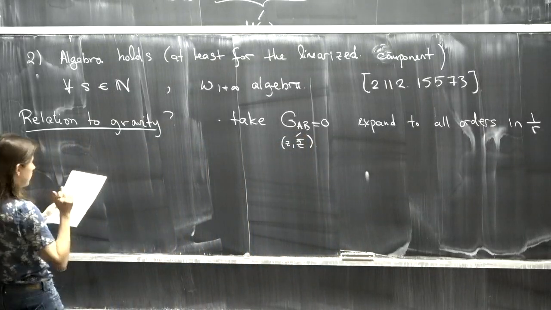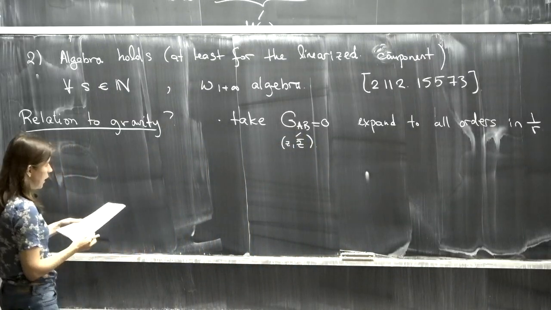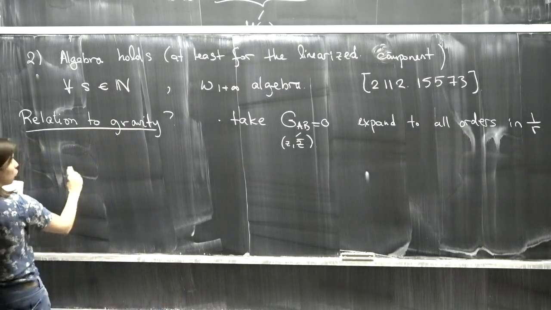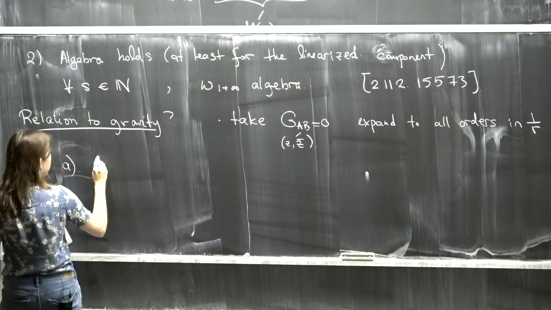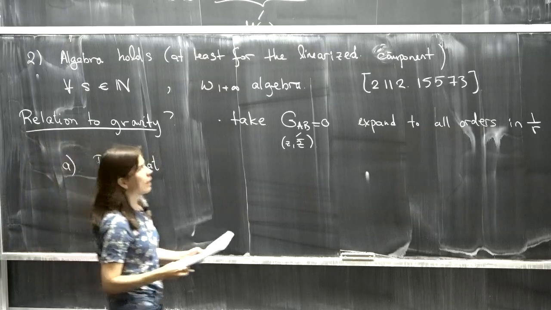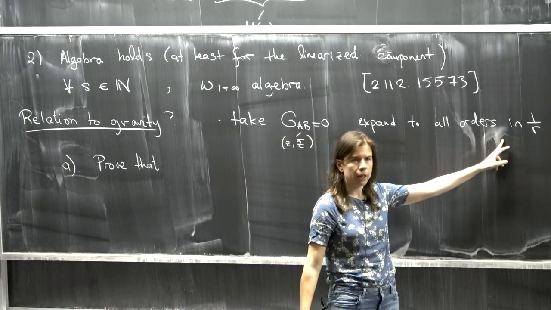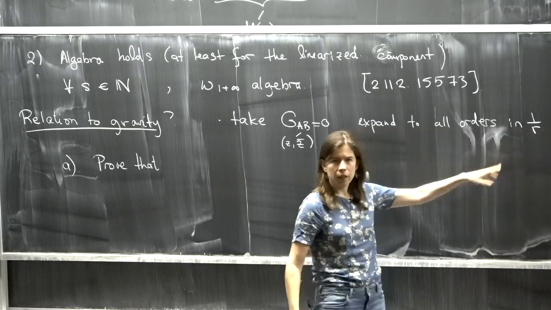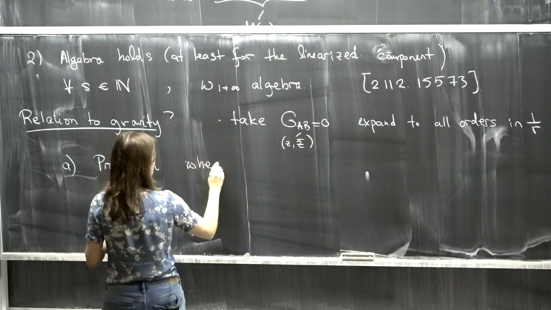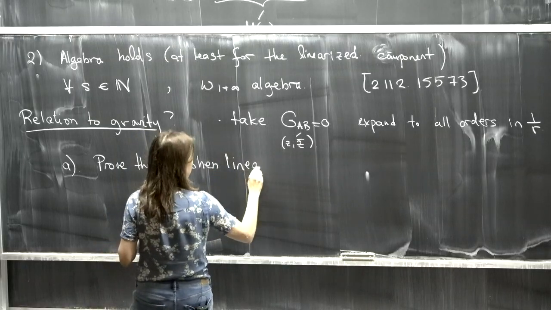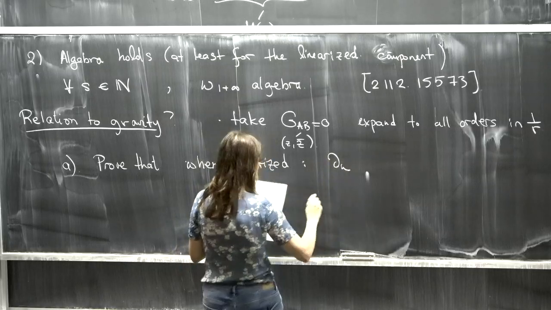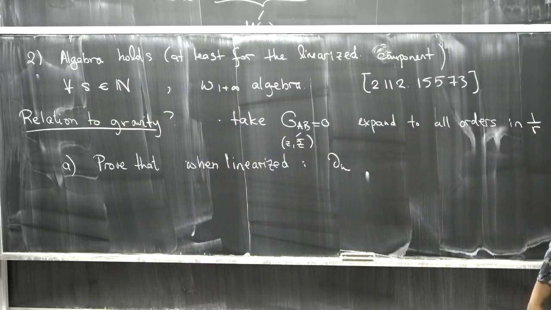Naively you think, okay, maybe this is going to become increasingly difficult to do, and indeed that is true. But what you can prove is that if you take these equations to all orders in 1 over r and linearize them, you get out exactly the linearized component of that equation.